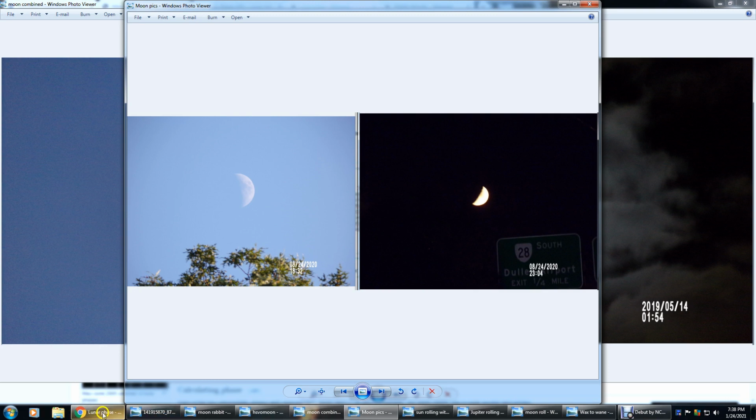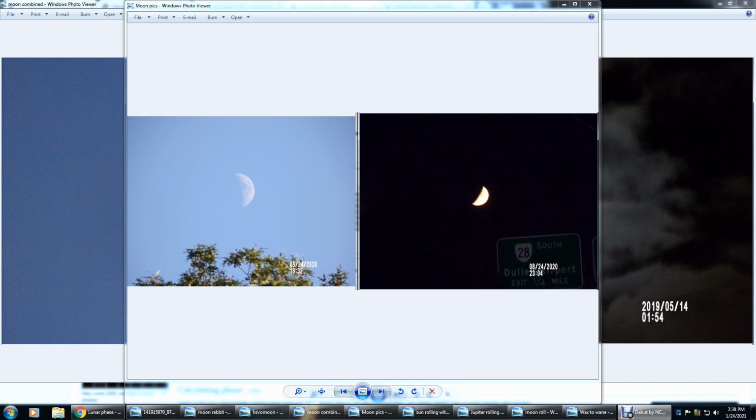Where's my little video? I had a little video set up too. It disappeared on me, but I've got to find it real quick. It's a great little example. It's a GIF made by someone who had taken a bunch of pictures of the moon in the southern hemisphere and put a little video together with it.